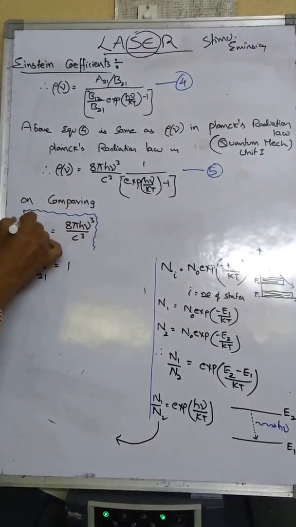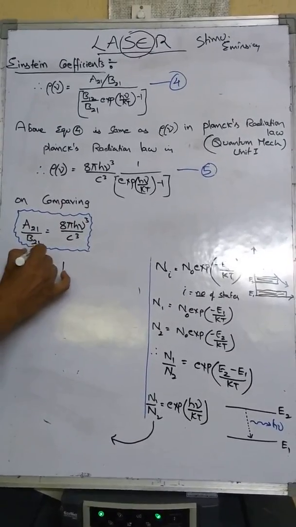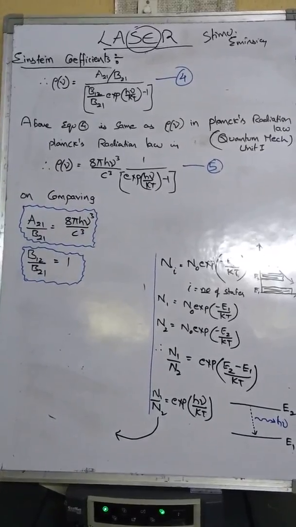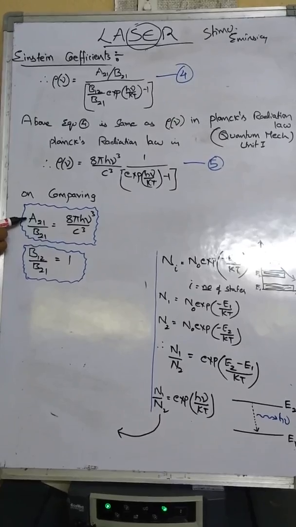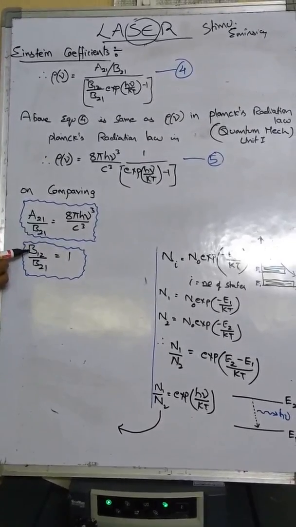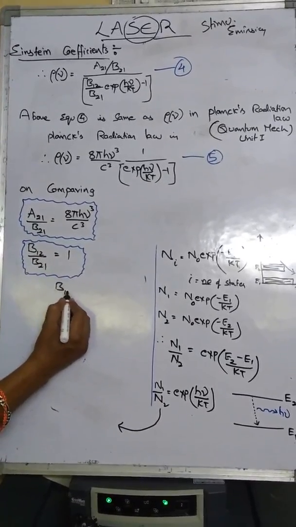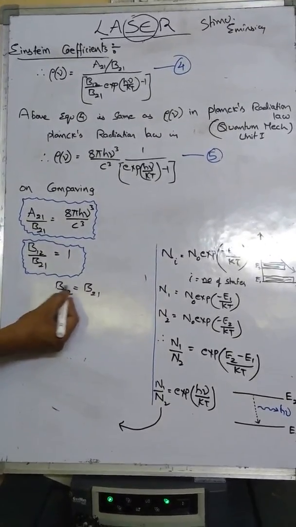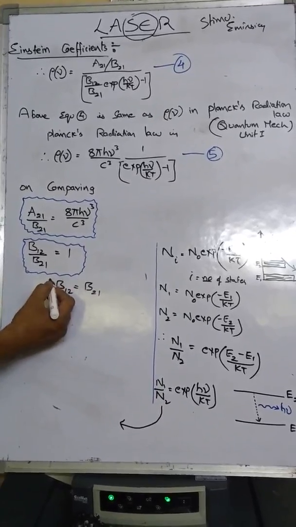These are the two expressions. This is expression 1 and this is expression 2. Expressions 1 and 2 are the Einstein coefficients, where A21 is spontaneous emission and B is stimulated emission. B12 is equal to B21, because both B's are for stimulated processes, hence we can say these are equal.